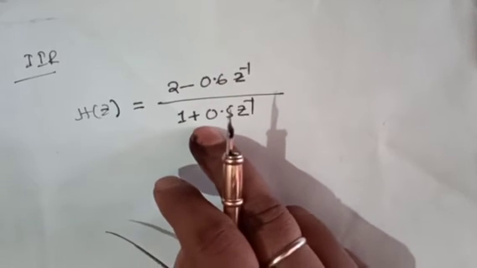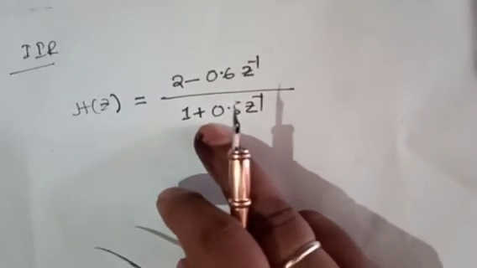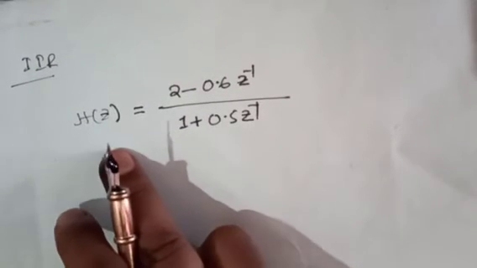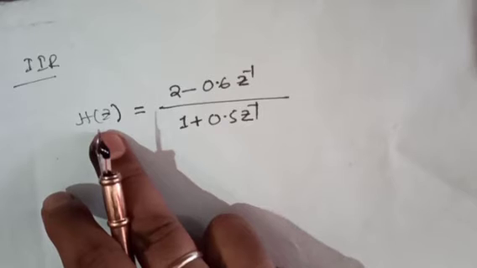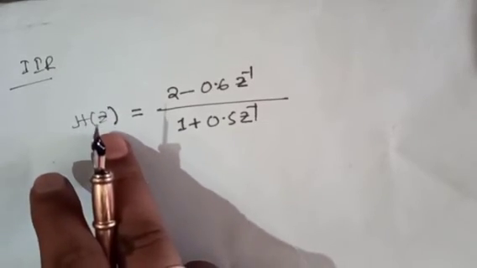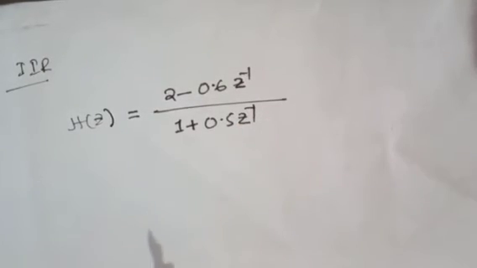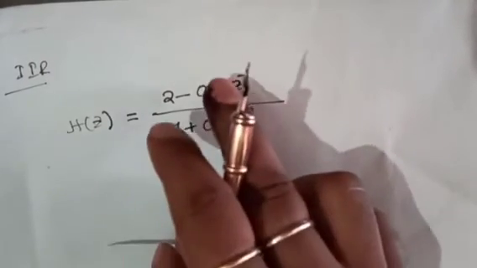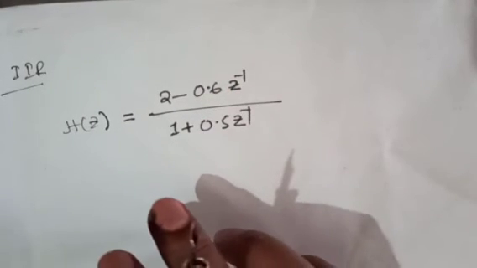In case of the infinite impulse response system, IIR system, impulse response h of n is infinite. So to get the infinite impulse response, you have to take the inverse z transform of this H of z. Now if you evaluate the inverse z transform of H of z, you will get an infinite length sequence, that is IIR. But to realize it, we can represent it like numerator polynomial by denominator polynomial.